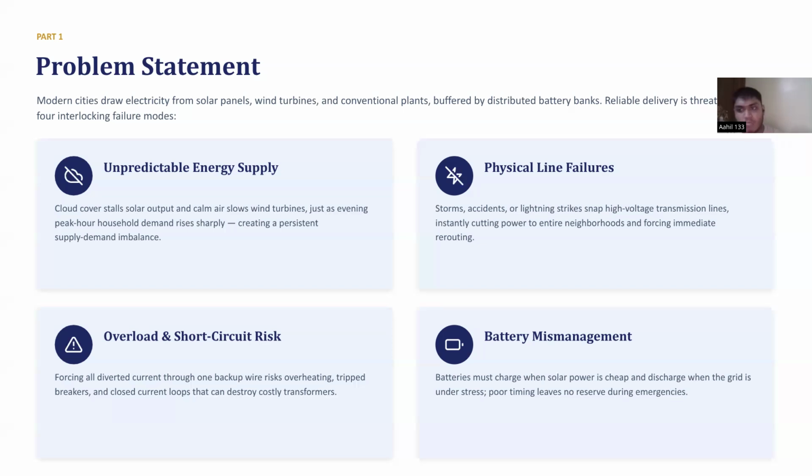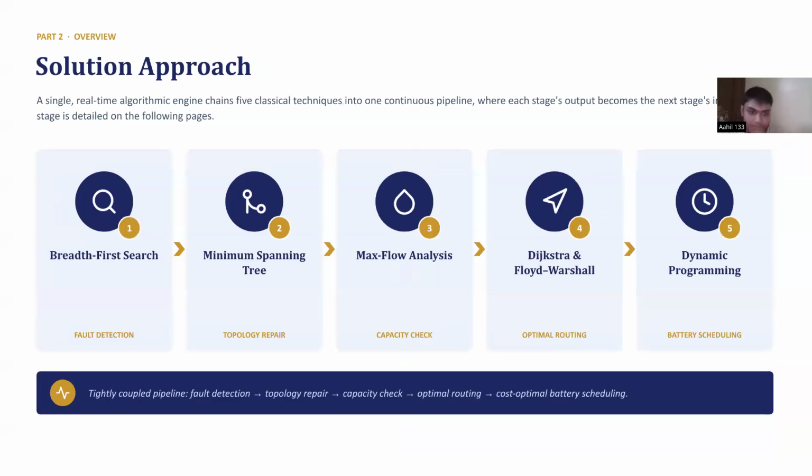So now I'm going to talk about a solution approach, which is described in the next slide. The solution approach has mainly five algorithms associated with it.